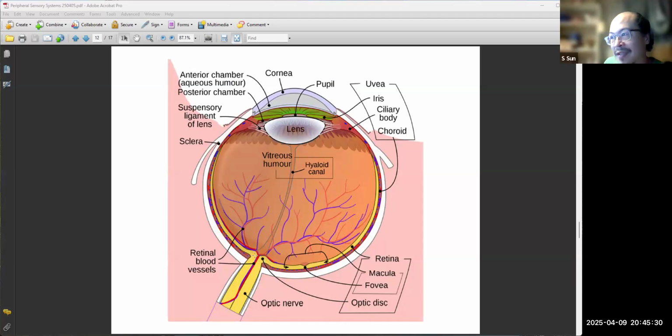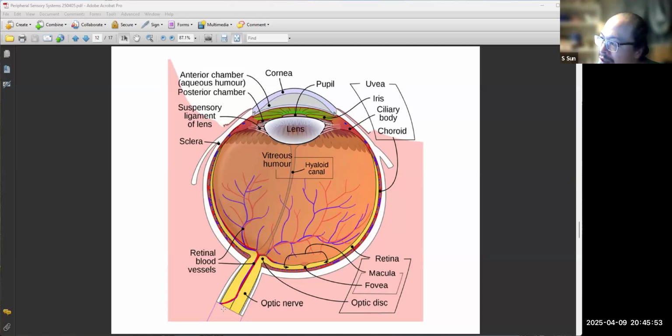This is the only region where you cannot sense photons, because the photoreceptors are all the way here, and this is just a nerve bundle. They don't have photoreceptors, so they cannot detect.